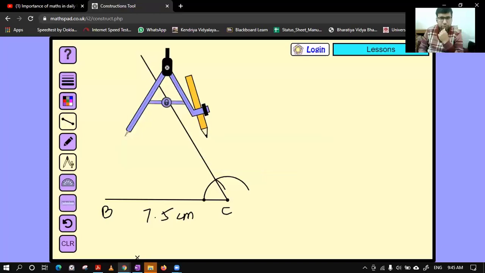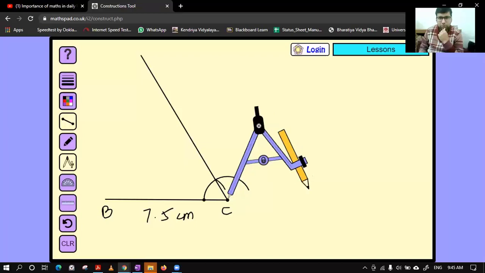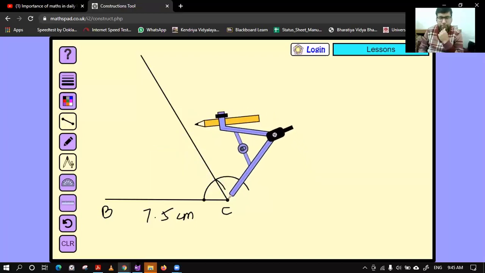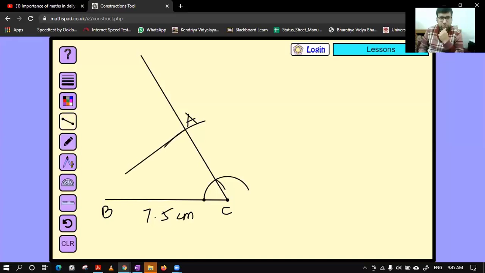Lock the compass. Keeping on the point C, we have to cut the arc for AC. So we have got the point A. Just join these two, and this is the final triangle.